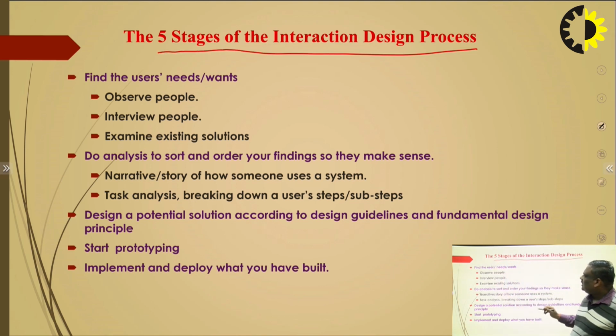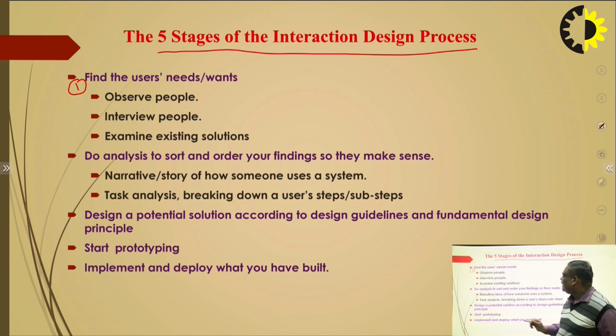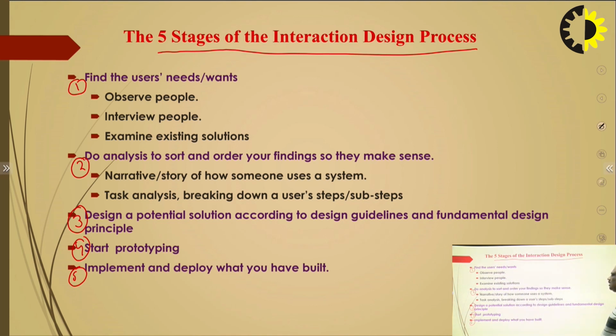Here we can see that the first one is we find the user's need, then analyze it, then design it. Design it means start the prototyping. The 4th one is prototyping, and the final 5th one is implement and deploy what you have built. These are the 5 stages. So one by one we can understand.